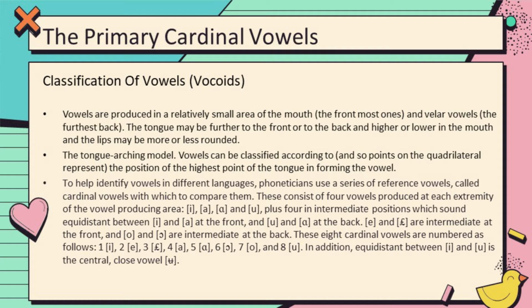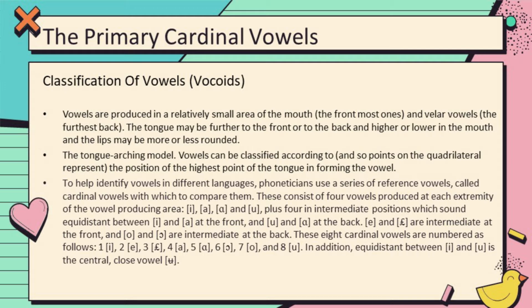E like tree, A like ant, O like a heart, and U like boot. Plus 4 in intermediate position, which sound equidistant between E and A at the front and U and O at the back.